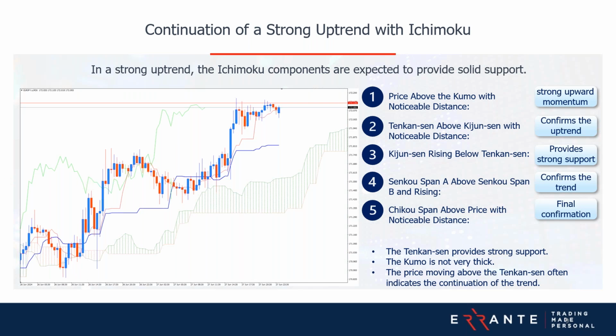And also we have to see how prices are moving above Tenkan-sen, because consistent movement of the price above the Tenkan-sen indicates a stronger momentum. Any retracement towards the Tenkan-sen that holds and reverses can be seen as a buying opportunity.